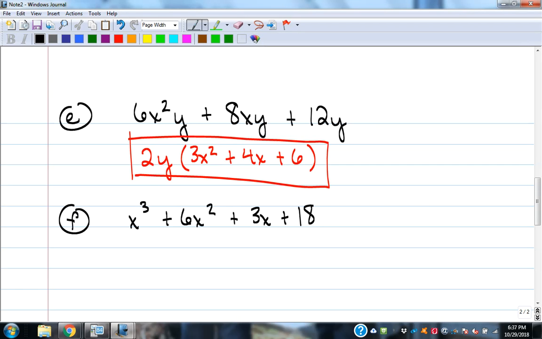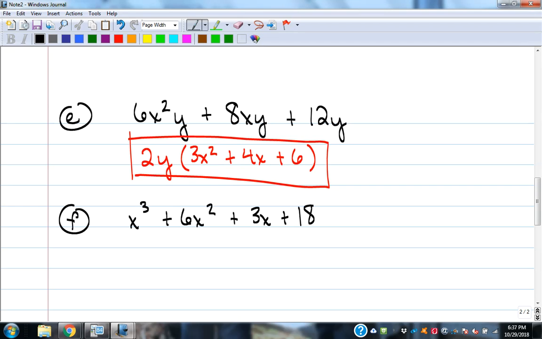Is there a greatest common factor for all of those terms? No. 3 goes into 6, 3, and 18, but it does not work for the x cubed, so it's not a GCF for the whole problem. We can't use it. It's got to be for everybody. So no GCF for this one. Well, 1 technically, but it doesn't help us to pull a 1 out.